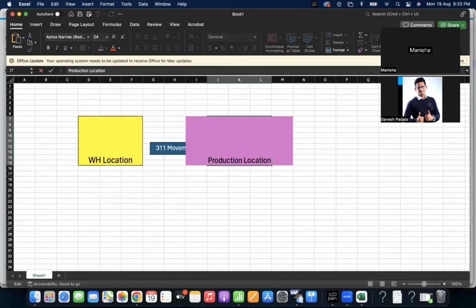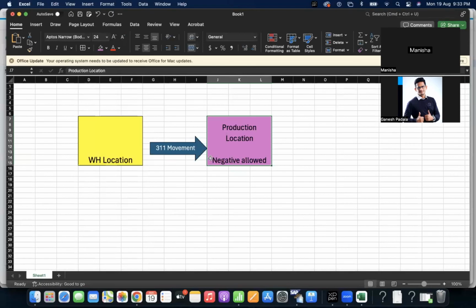Only for the production location, they generally allow it. Negative allowed. So the production will still be using that stock, and they can do the 311. Once they do the 311, that will become 0. Okay. So for the production raw material location, in that case, they use it normally.